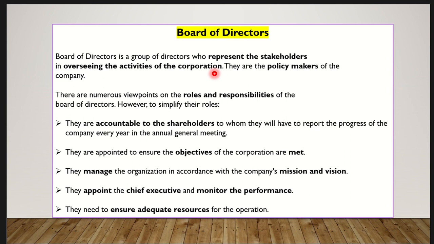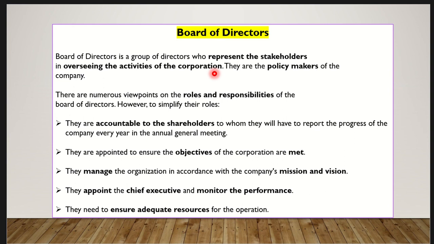The board of directors are the policymakers of the company, because they have been tasked to operate the company. They are in charge of operating the company, and they come up with the policies, the business ideas and business operations, things like that, right?